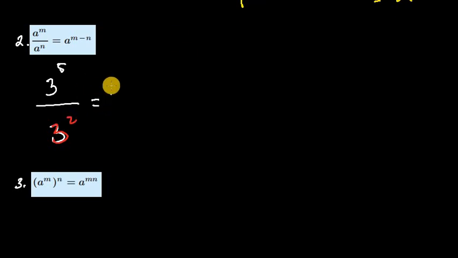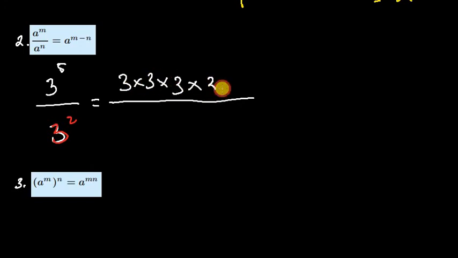3 to the power of 5 is 3 times 3 times 3 times 3 times 3, 5 times, divided by 3 squared. 3 squared is 3 times 3.